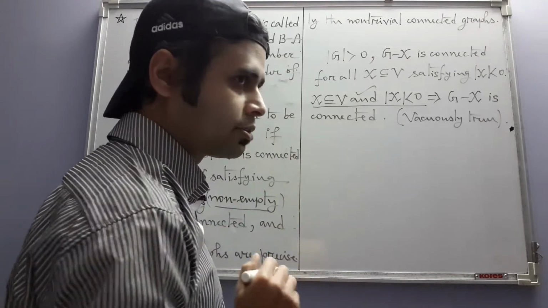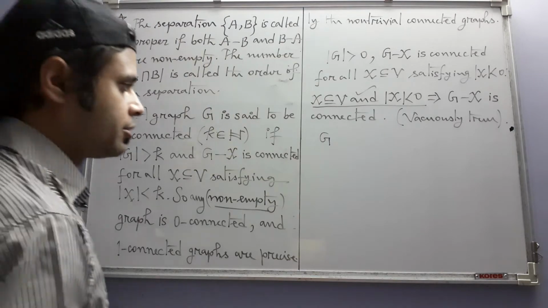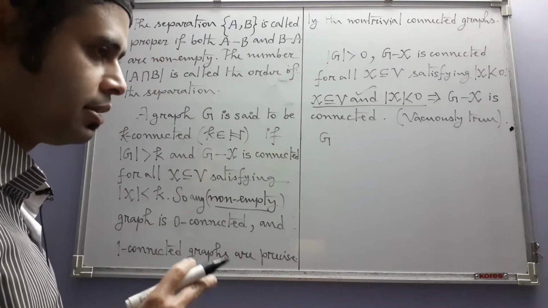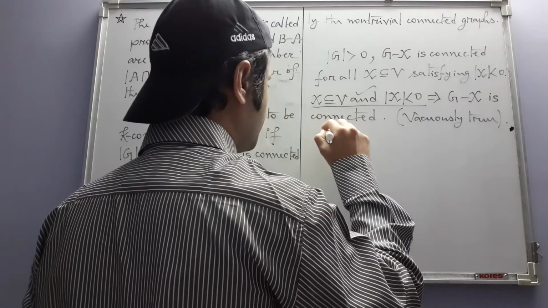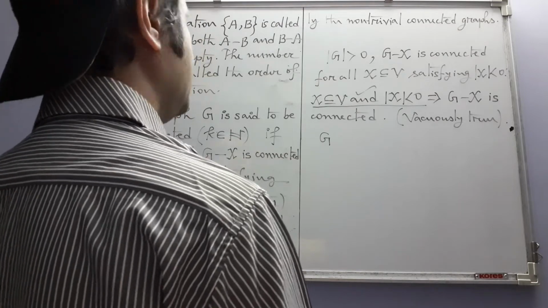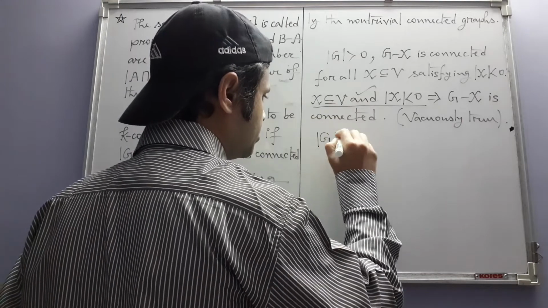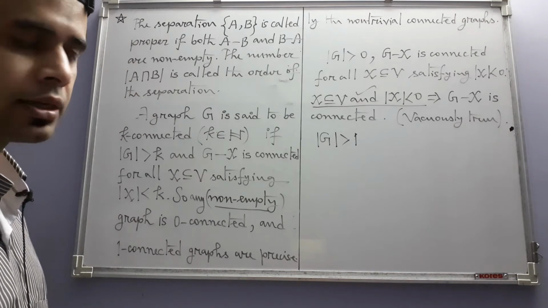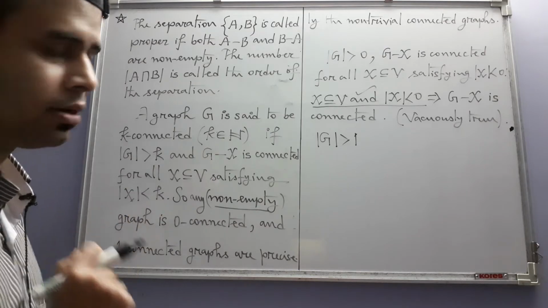Let us take a non-trivial connected graph G. Non-trivial means it should have more than one vertex, because the two trivial cases are the empty graph and the graph consisting of a single vertex.